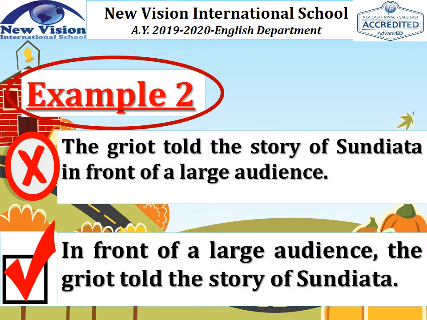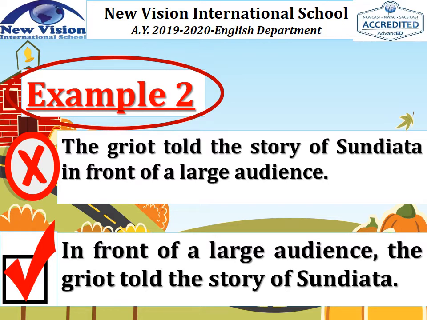Now, consider example number 2. The first box has the mistake or the misplaced modifier. Let's read. The griot told the story of Sundiata in front of a large audience. So the question here is, who is in front of the large audience? The griot or Sundiata?